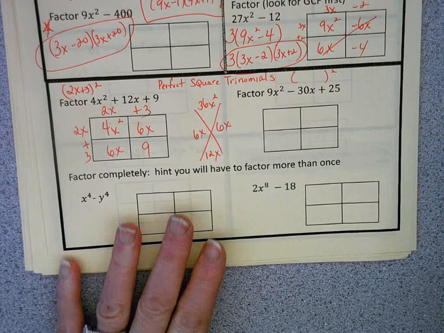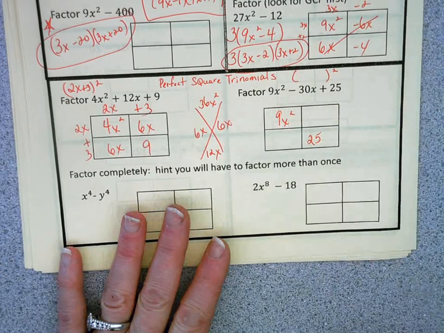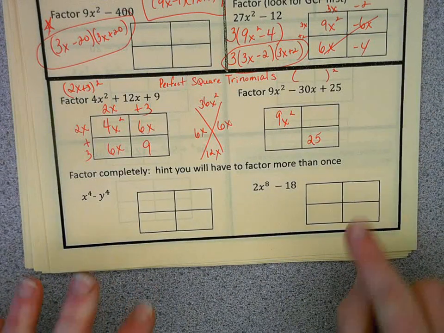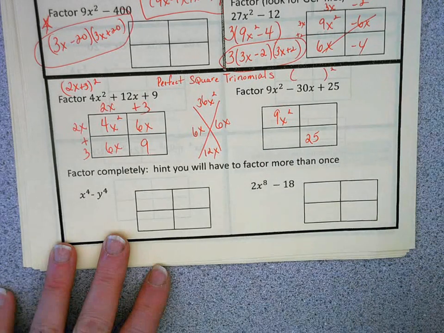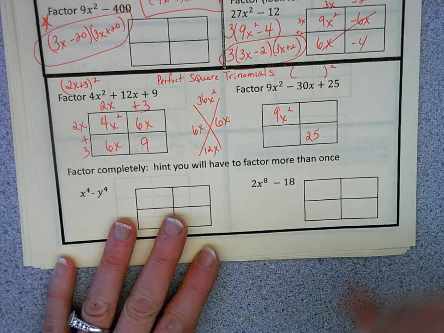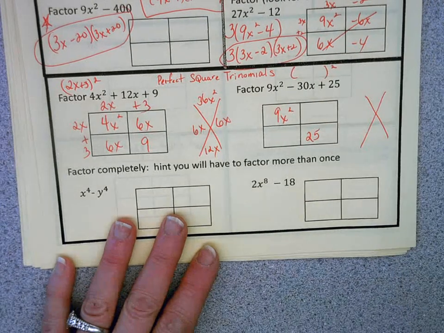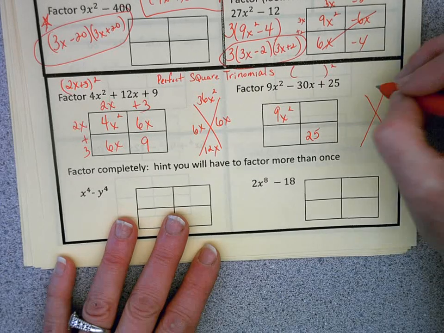Okay? Let me go back for a second. Perfect square trinomials have to have a positive for the last number, because both things have to be the same sign. This one, they're both going to be negative. And if you wanted to, you could do out this question. 9 times 25, okay, 225.